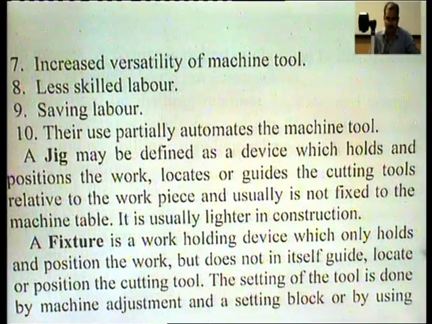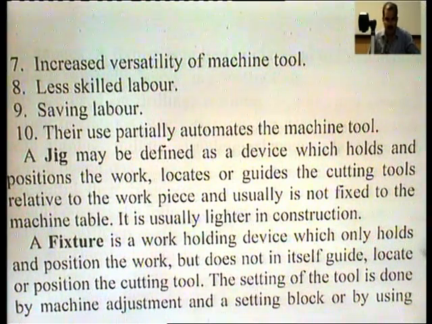Next, it helps increase the versatility of the machine tool. The same machine can be used for a number of operations if we use jigs and fixtures. So, increased versatility of the machine tool is there.